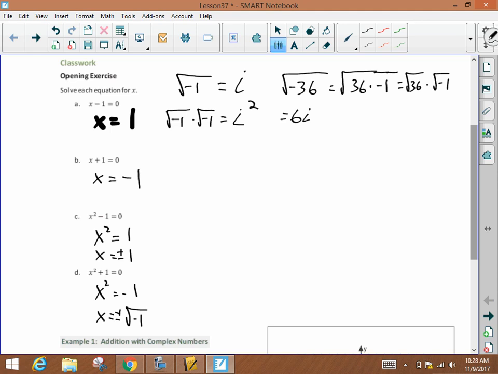If i is the square root of negative 1, then i times i is the square root of negative 1 times the square root of negative 1. What happens when I multiply a square root times a square root? The square roots go away.